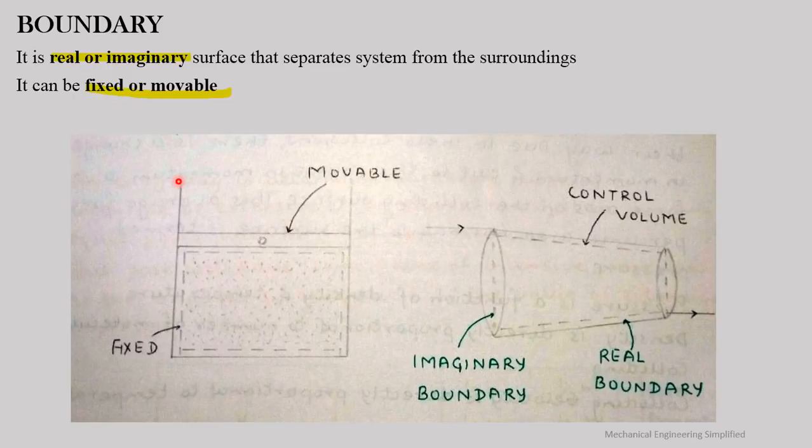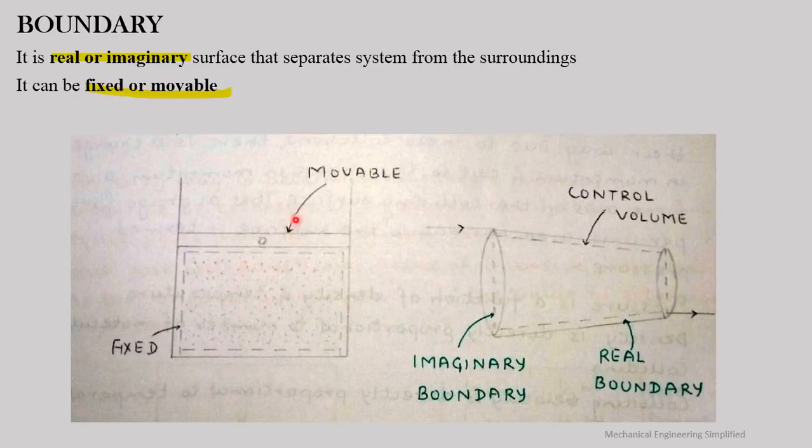See, this is a piston cylinder arrangement. This is a cylinder which is fixed and this is a piston which is movable. If we draw this boundary inside this control volume, the boundary which is near to the cylinder is a fixed boundary. On the other hand, the boundary which is close to the piston is a movable boundary.